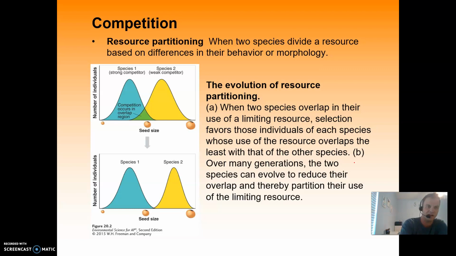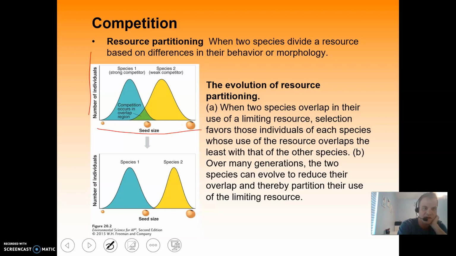So if you look at the graph on your left, species one is a strong competitor, species two is a weak competitor, species one in the blue, species two in the yellow. And let's just say that they're birds. Here's the number of individuals on the y-axis and the seed size on the x-axis.